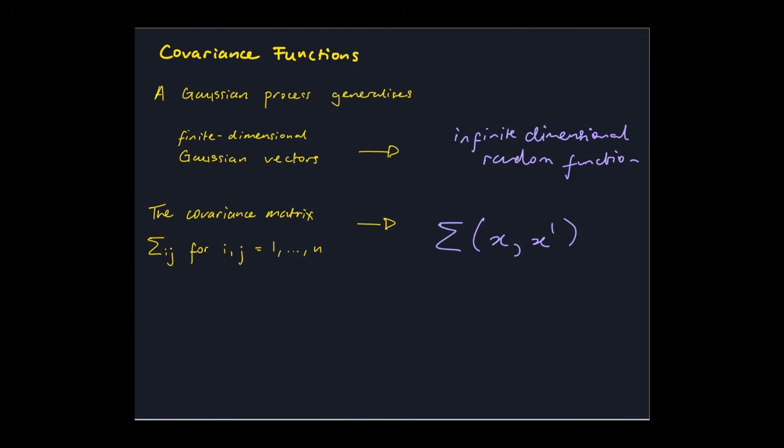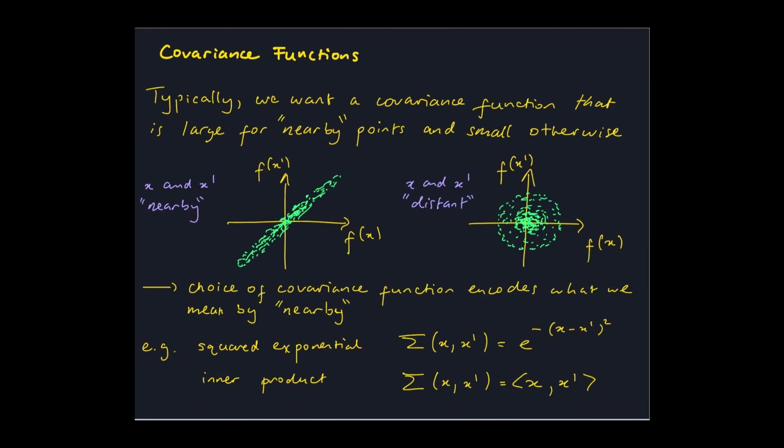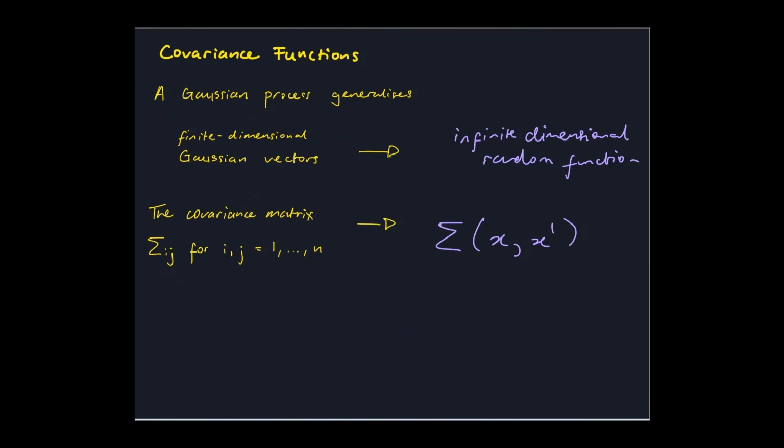That's how the covariance matrix gets generalized. If in the finite case the covariance was like e to the minus (i minus j) squared, then in the continuous case it would be something like e to the minus (x minus x prime) squared. That's how it generalizes.